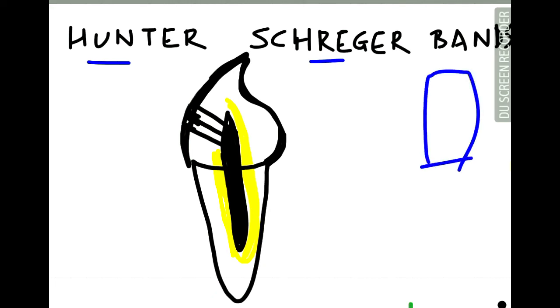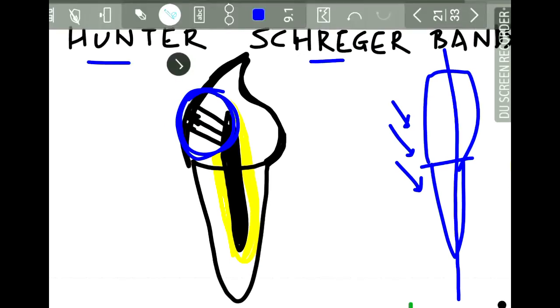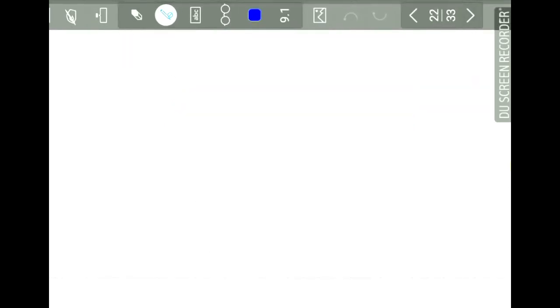So if the tooth is cut in its longitudinal section, a ground section is made and viewed under oblique reflected light, what we see is alternating dark and light bands which originate at the DEJ, pass outward and end some distance from the outer enamel. These alternate dark and light bands are called Hunter-Schreger bands.